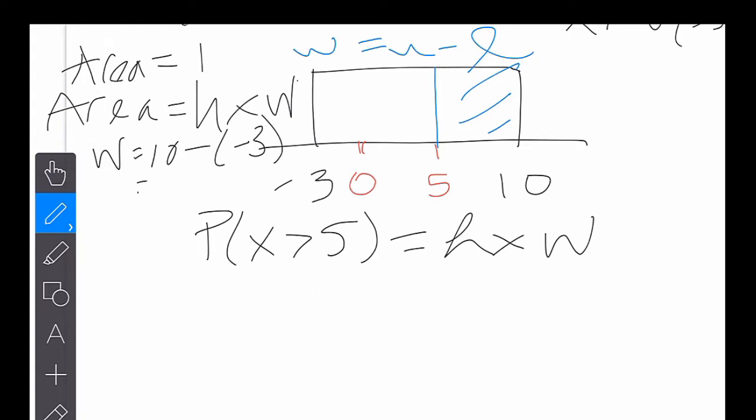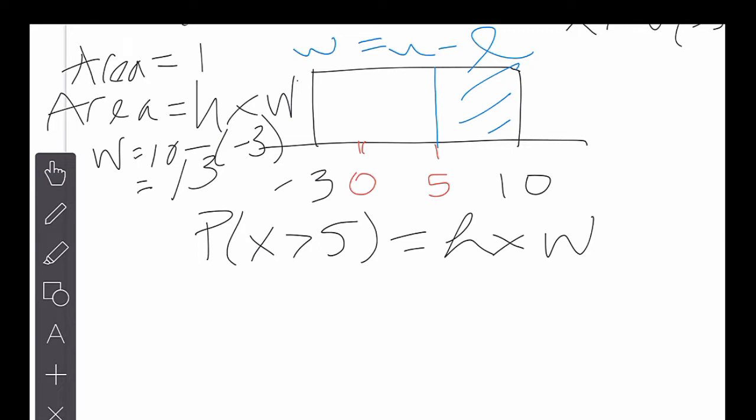Now once you have the answer, it makes complete sense, right? It's bigger than 10 because it goes beyond 0. The width completely is 13.